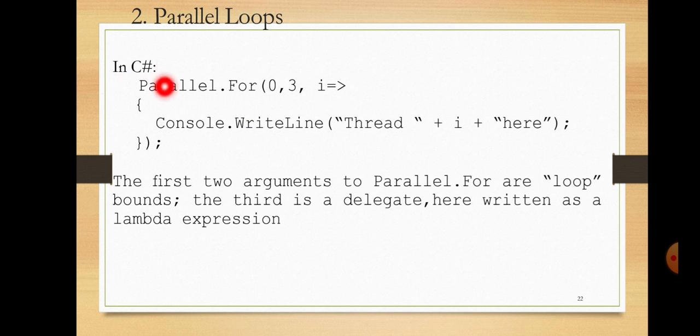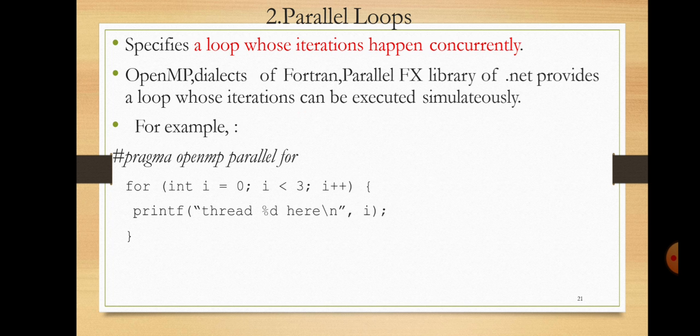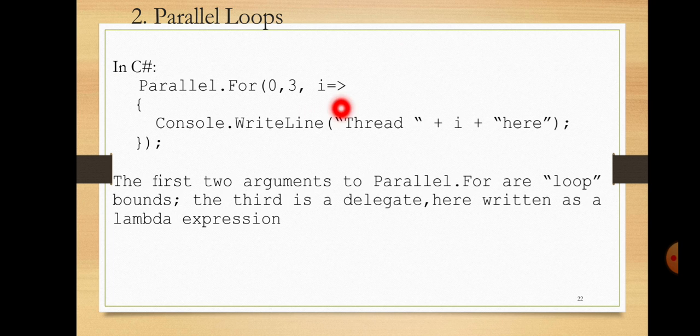In C# the syntax is in this way: Parallel.For(0, 3, i => Console.WriteLine thread plus i). Now this is the syntax of C#.